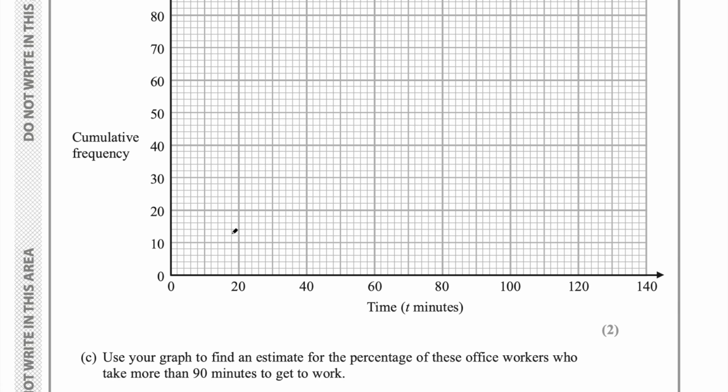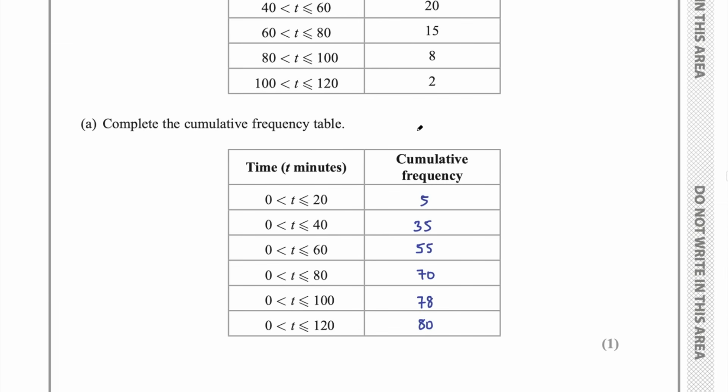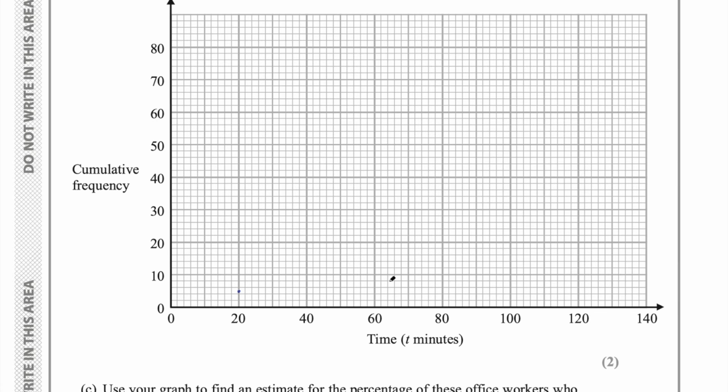So here it's going to be between 4 and 6, so here, and then the next point was 35. So 40 on the time axis, 35 on the cumulative frequency axis.